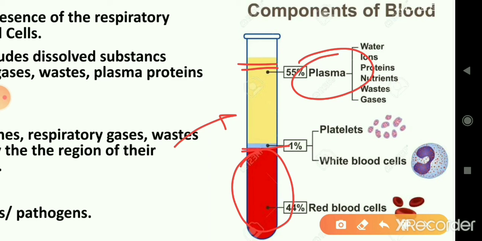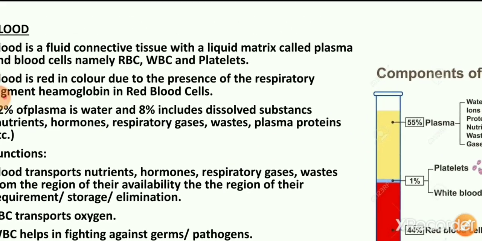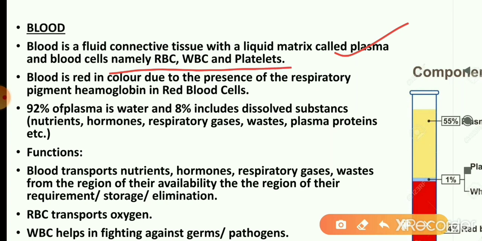At the top you have the matrix of blood which is called plasma, and at the bottom, if you take a small amount of it and see, you'll find all kinds of blood cells, that is RBC, WBC and platelets. So blood is a fluid connective tissue made up of a liquid matrix called plasma, and the blood cells, namely RBC, that is red blood cells or red blood corpuscles, WBC, that is white blood cells or white blood corpuscles, and platelets.